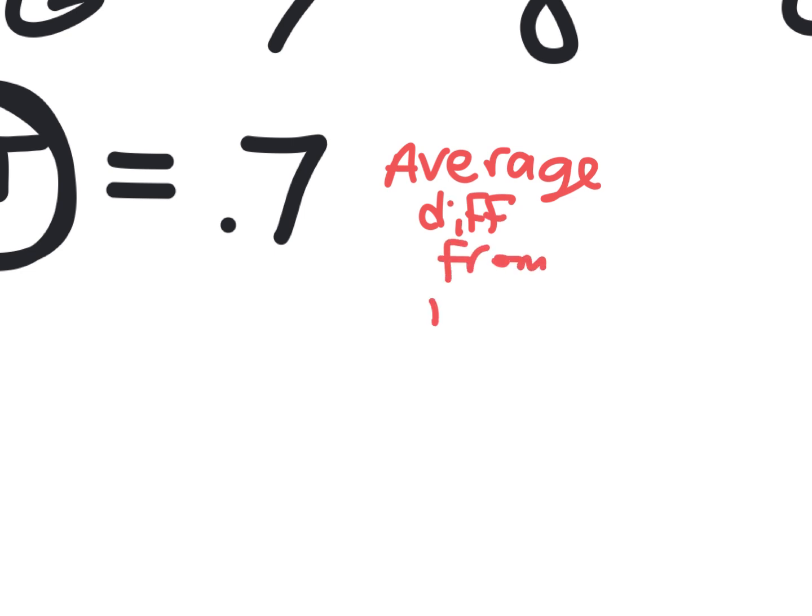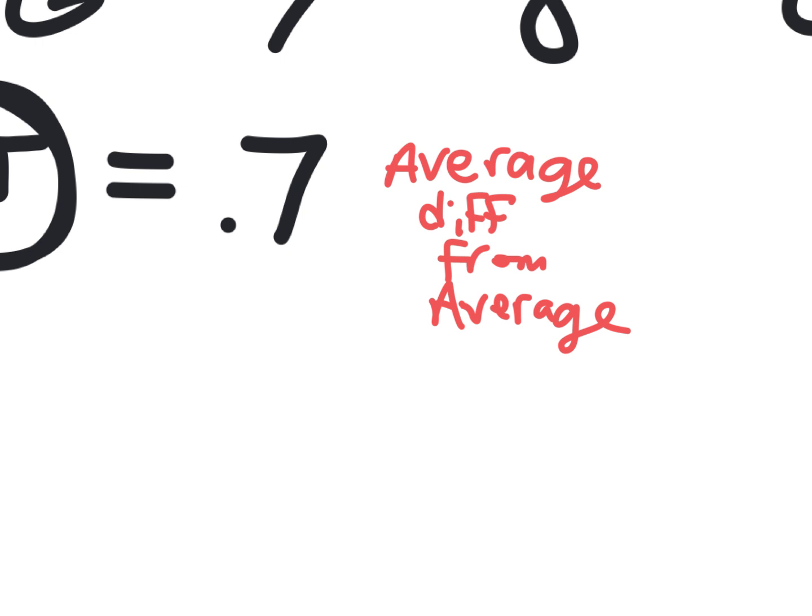Now, what will you have to know about standard deviation? Please write this down so you'll remember it better. It's the average difference from the average. Do you agree that not everybody in here is average? Right? So if we take your shoe size, you're not going to just be average. You're going to probably be a little above it or a little below it. So you all have a difference from the average.